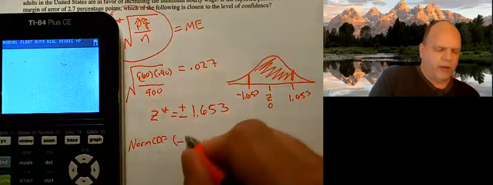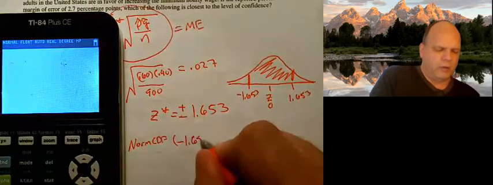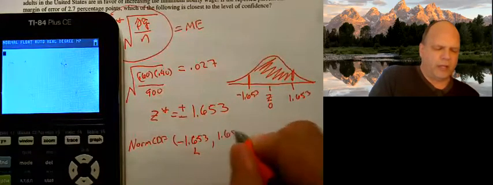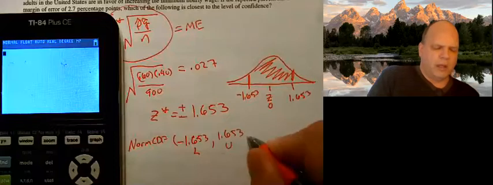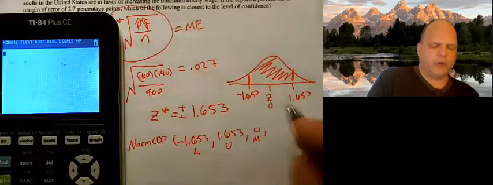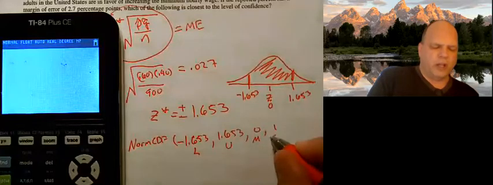Negative 1.653 is my lower bound, my upper bound is 1.653, I have a mean of 0, and since it's a Z-score, my standard deviation is 1.